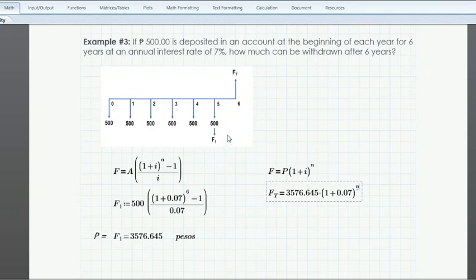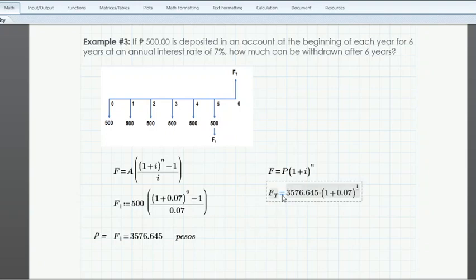How about now? If we only consider this part at the end, F1 and FT, what is our N? How many years will F1 run before it reaches FT? It is in year 5 now, heading to year 6. How many years is that? Just one year. It only runs one year to FT. So the N here in compound is 1.